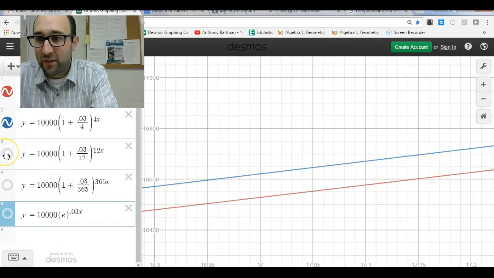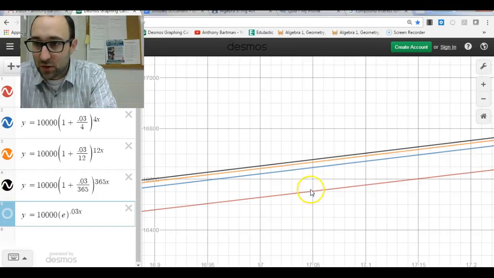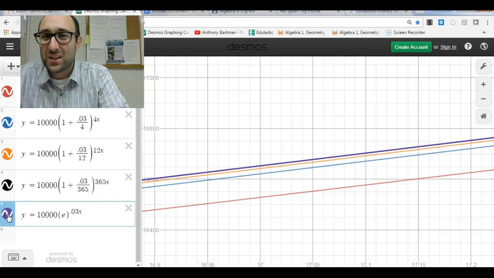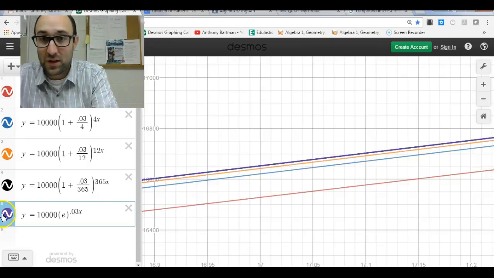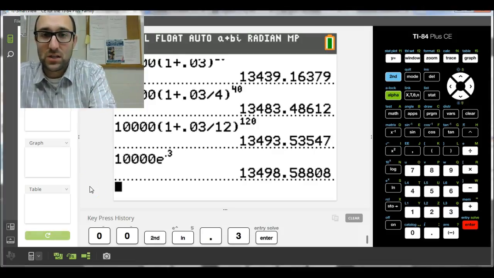If we go to monthly, see how this distance is decreasing. If we go to daily, see how it's just getting closer and closer together. And then finally, if we compound continuous, it's pretty much the same as daily. So if you have the choice between daily and compound continuous, it's going to be about the same. But if you have a difference between compounded yearly and compounded daily, you're going to make a lot more money. All right? So there you go. That is just some stuff on compounding continuous functions.